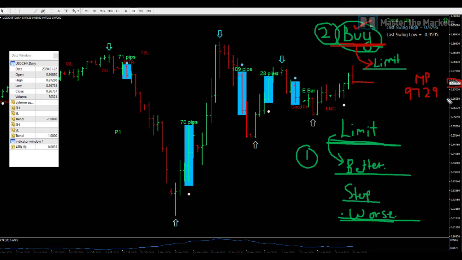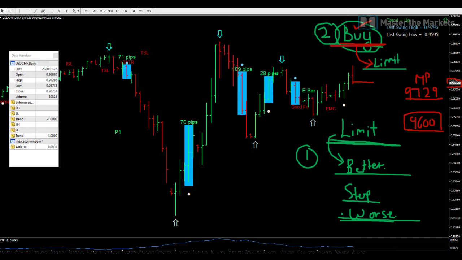Now, if I were to put a buy limit order, if I want to buy it at 9600 as a buyer, I'm buying it cheaper than 9729, then that would be a buy limit. That's what we mean by a buy limit.